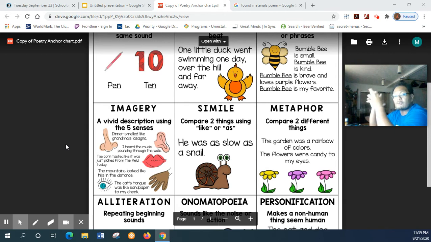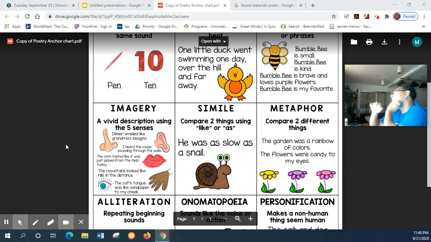What is another word, class, that we've been using this entire section talking about senses? Yes, sensory language, right? Sensory language, five senses, mood, motion, all that good stuff. There we go. We're starting to get it. And we have simile poems, right? Compared to things like or as.